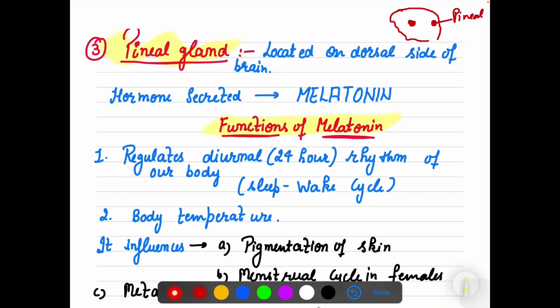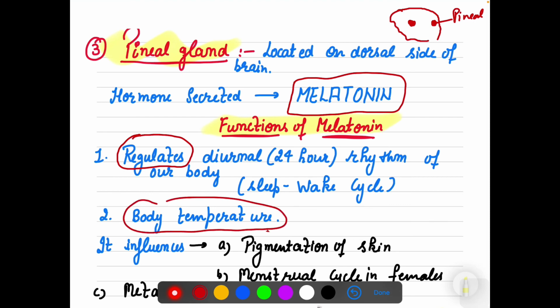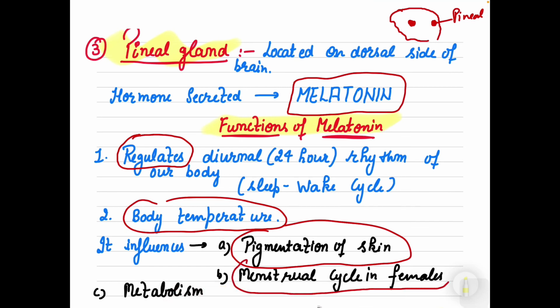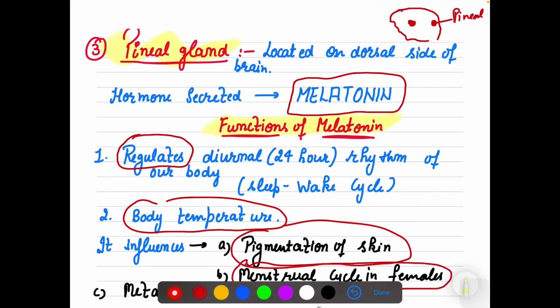The function of melatonin: your 24-hour rhythm, your sleep-wake cycle, is regulated by melatonin. Body temperature, as well as the pigmentation of the skin, the menstrual cycle in females, and the metabolism of the body are also regulated or influenced by the pineal gland.